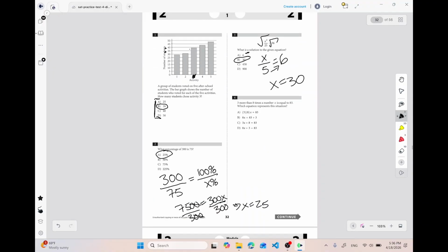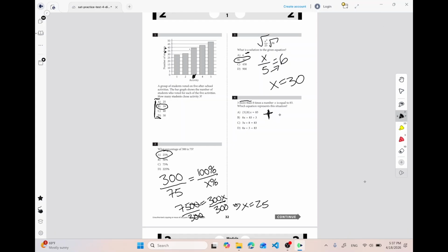Number 4, 3 more than 8 times the number x is equal to 83. Which equation represents this situation? Anytime you see the words more than, it's going to be a plus sign. And then 8 times the number x means multiplication, obviously.